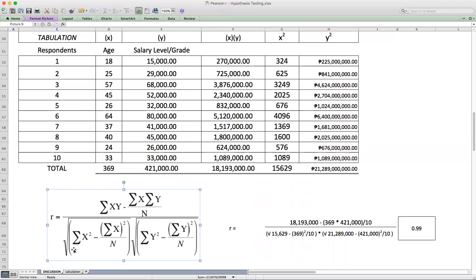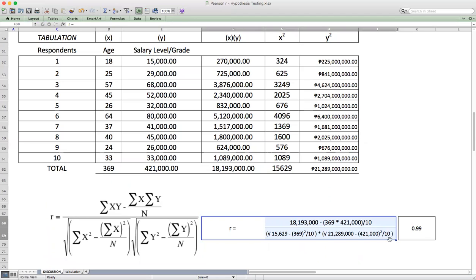And for our denominator, the square root of summation of X squared minus summation of X, squared, divided by n, multiplied by the square root of the summation of Y squared minus summation of Y, squared, divided by n. So using the formula, we may be able to substitute the data from our table. We will be arriving at 0.99 as our coefficient.